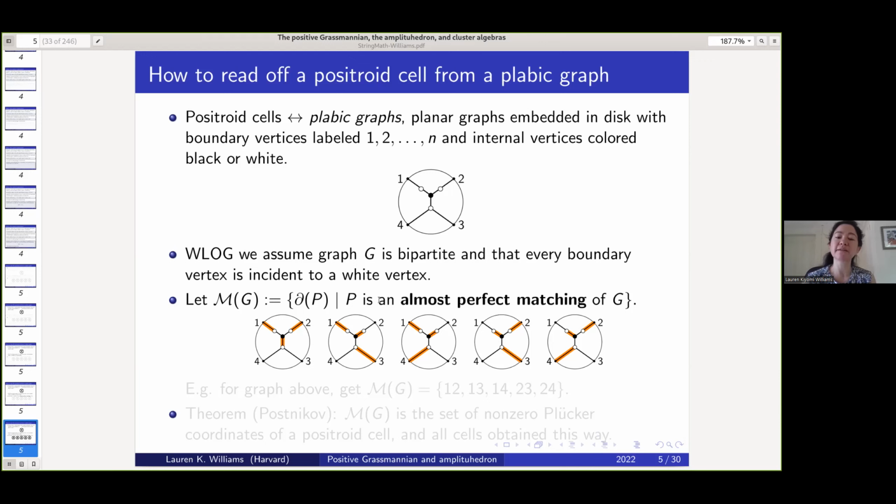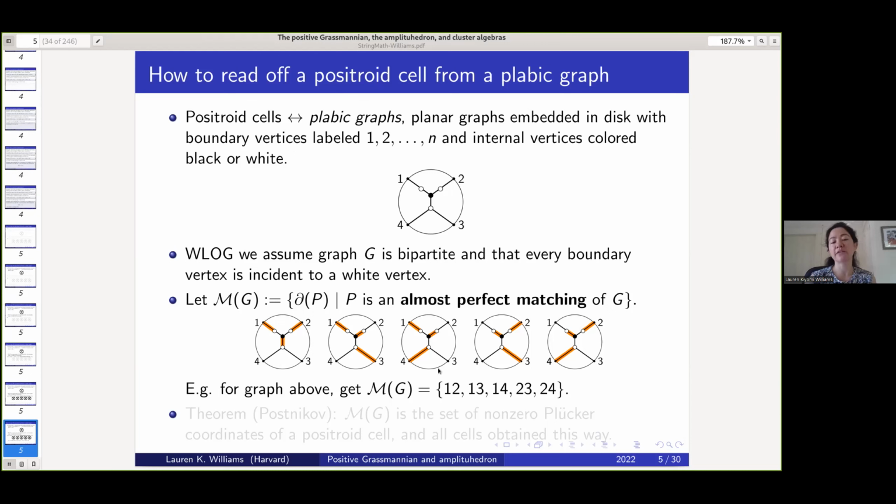And now if P is an almost perfect matching, then boundary of P is going to record which boundary vertices touch an orange edge. So these are my 5 almost perfect matchings of this graph here, and boundary of this almost perfect matching is just the subset 1 and 2, because 1 and 2 are the boundary vertices touching orange edges.